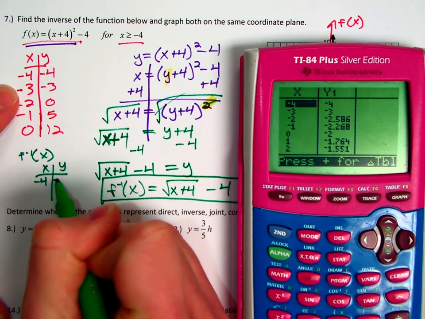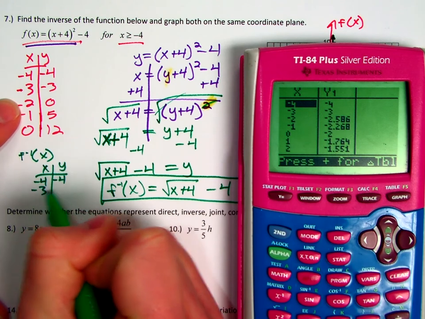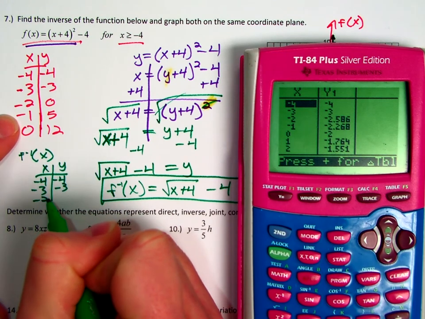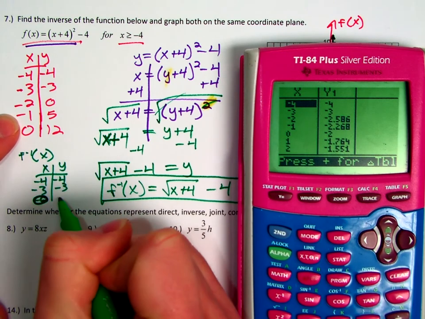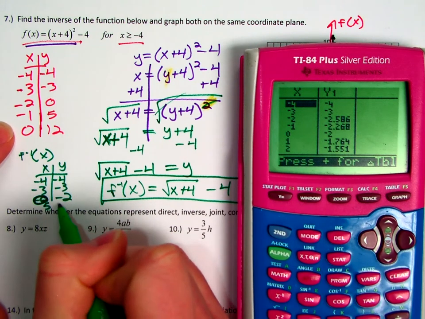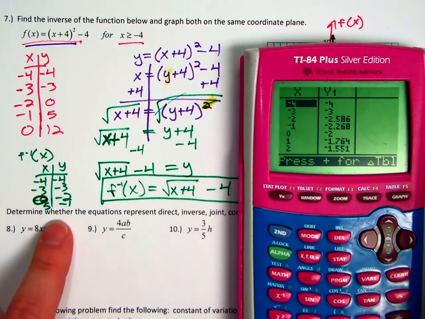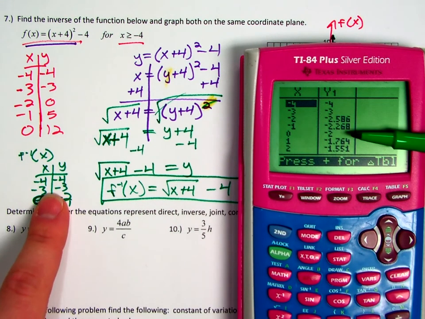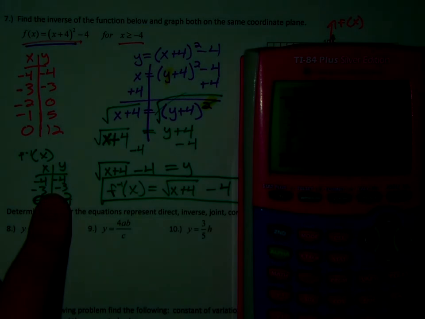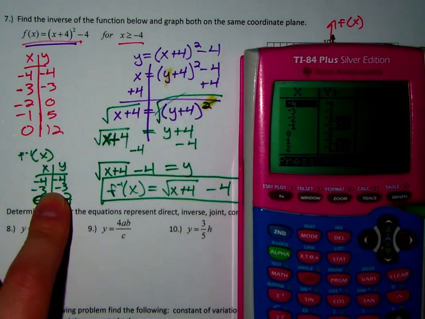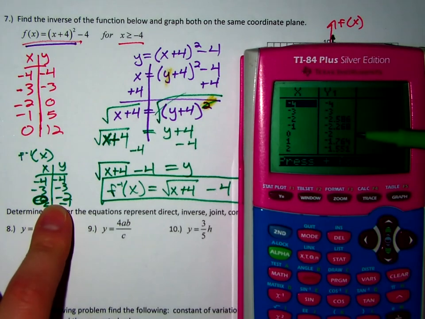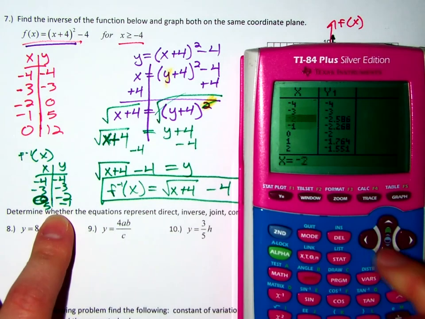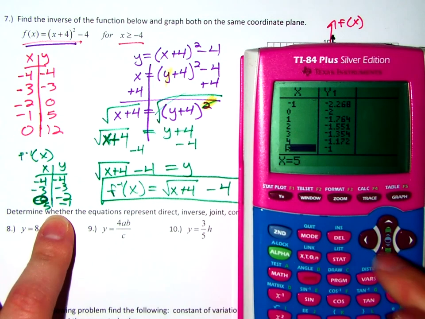So negative 4, negative 4; negative 3, negative 3; 0, negative 2; 5, negative 1, and check and see if those are there. So negative 4, negative 4, negative 3, negative 3, 0, negative 2, and then 5, negative 1 is accurate.